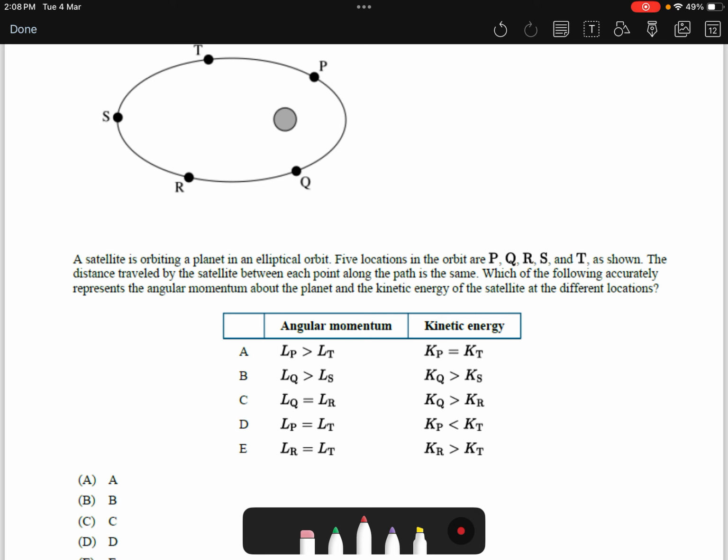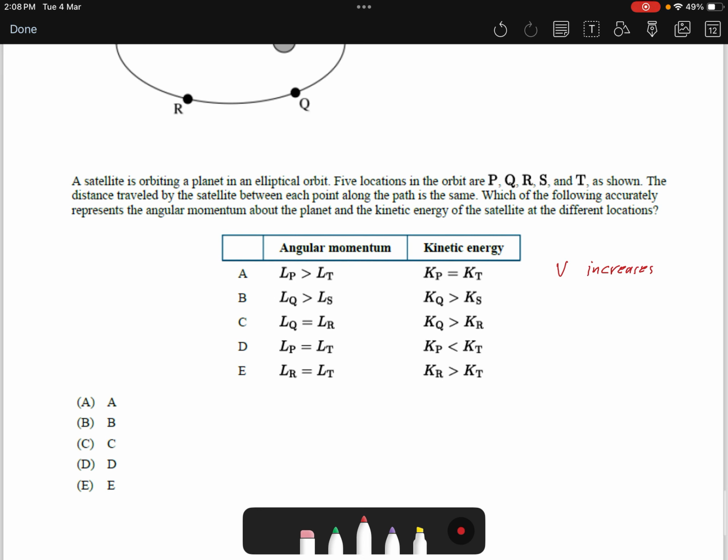So V increases as the object comes closer to the central object.